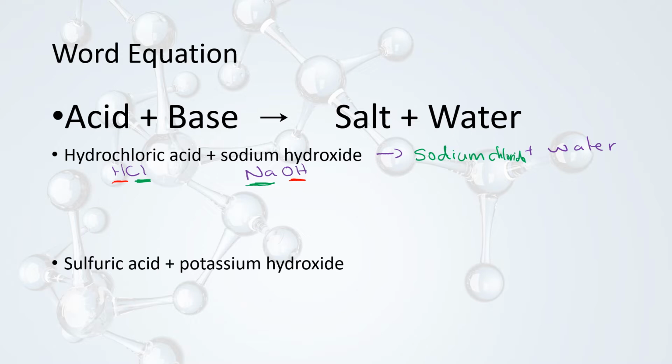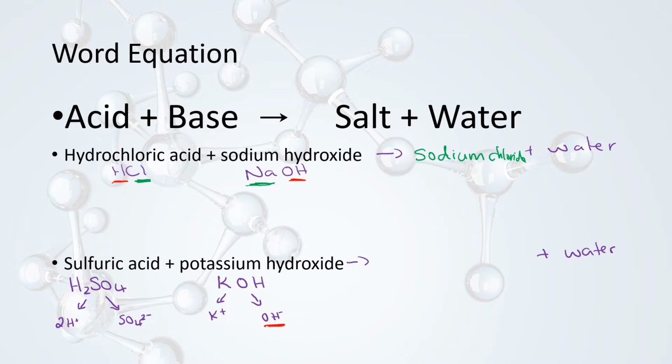Sulfuric acid plus potassium hydroxide will give us salt plus water. Water, once again, is the easy thing to find. Sulfuric acid contains hydrogen ions and potassium hydroxide contains hydroxide ions. Remember, the sulfuric acid gives two hydrogen ions and a sulfate ion, and the potassium hydroxide would give a potassium ion and a hydroxide ion.